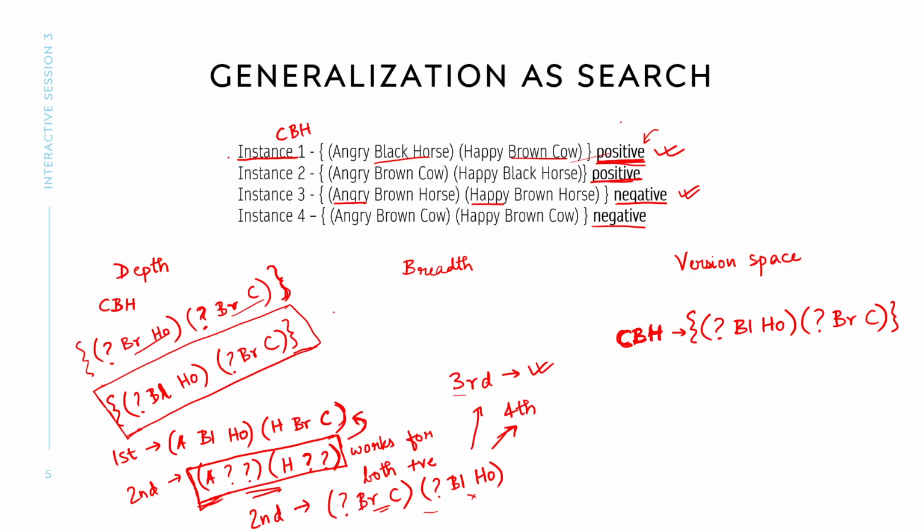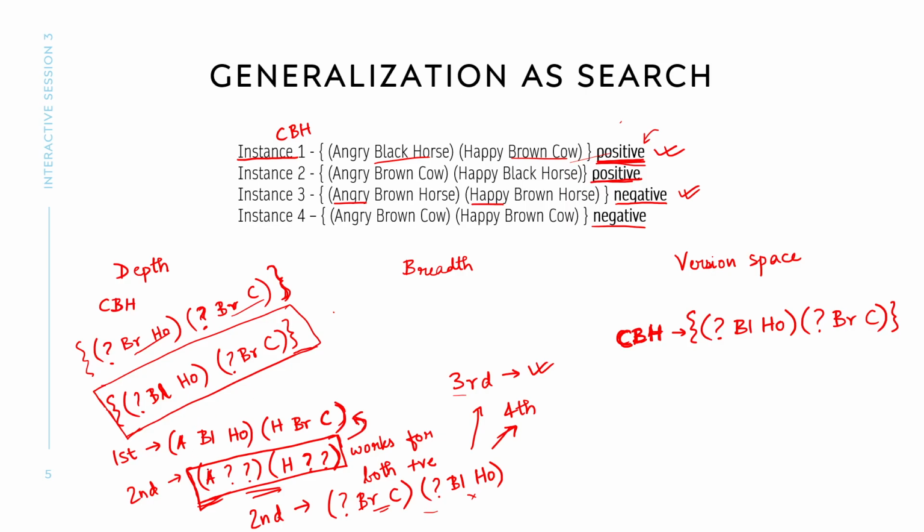So when we reach the second case, my CBH was angry black horse and happy brown cow. My second case is angry brown cow and happy black horse. So this does not match my CBH, right? So I have to make my CBH more general to account for this positive example. How can I do that?